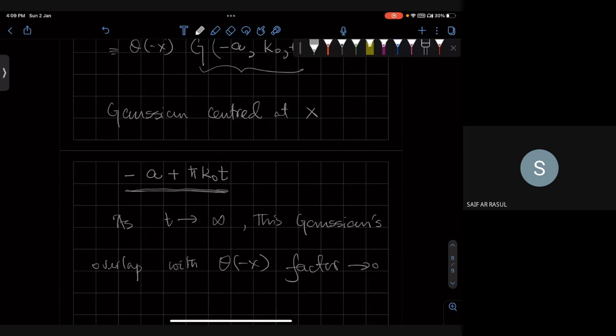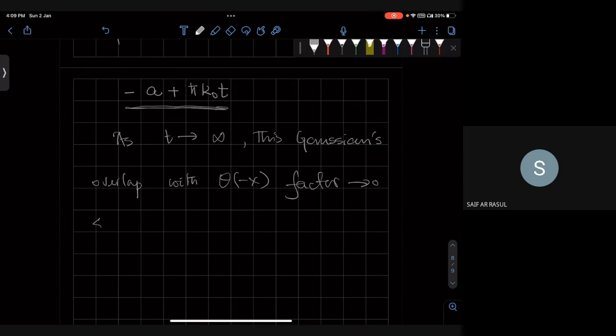So as t goes to infinity, this term goes to 0. Okay? Is that clear?